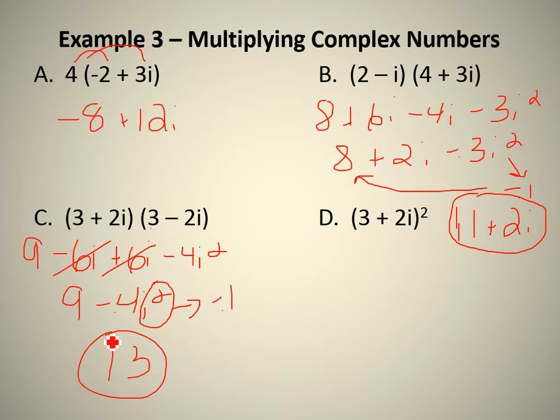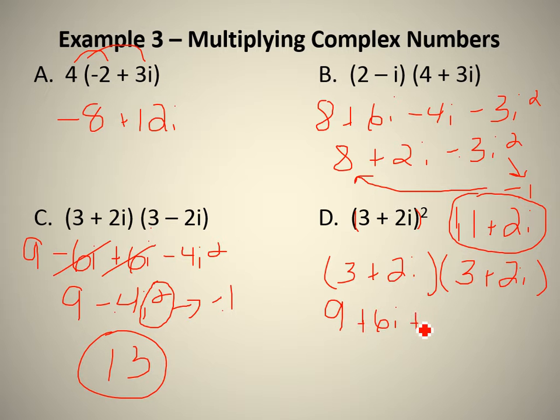And then for part D, remember, this is 3 plus 2i times itself twice. So I've got to do this here. And when I do that, I'm going to get 9 plus 6i plus 6i, and this will be plus 4i squared.